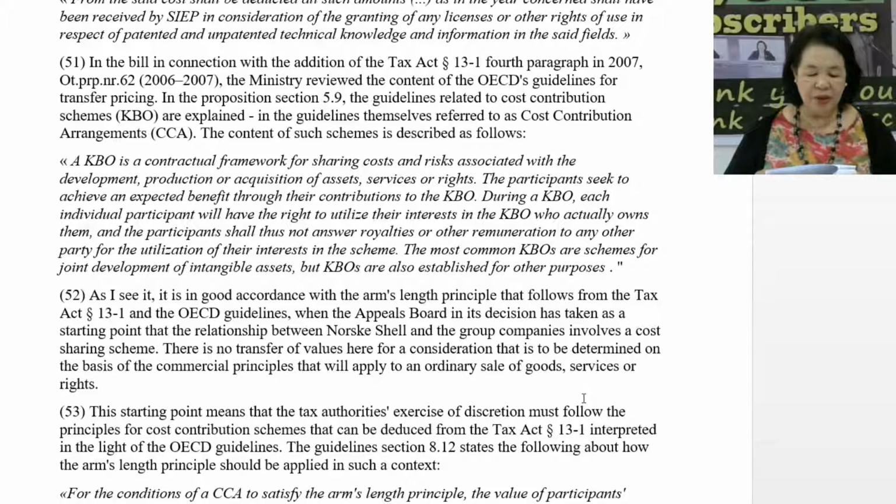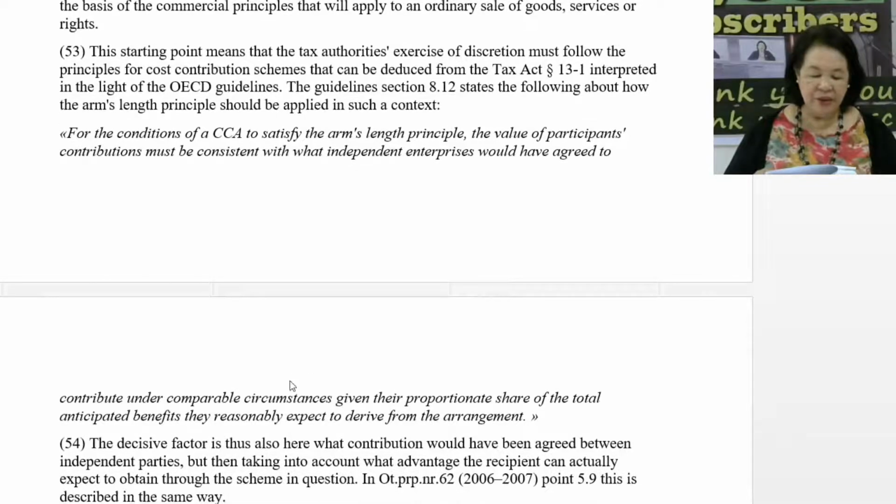The starting point means that the tax authority's exercise of discretion must follow the principles for cost contribution schemes that can be deduced from the Tax Act, Section 13-1, interpreted in the light of the OECD guidelines. The guidelines, Section 8.12, states the following about how the arm's length principle should be applied in such a context.